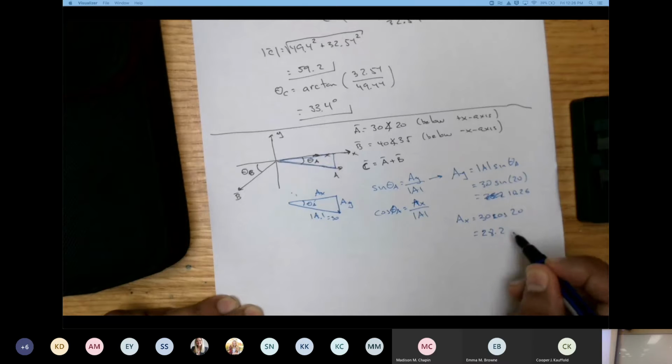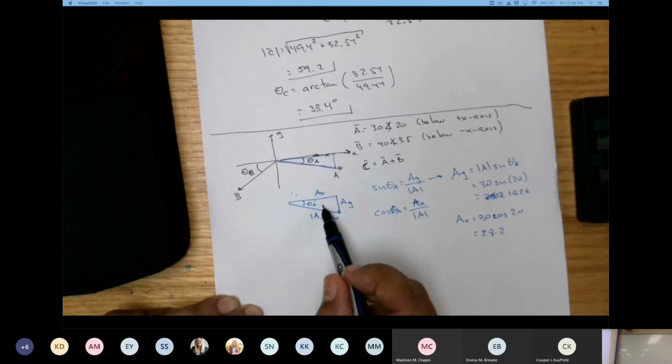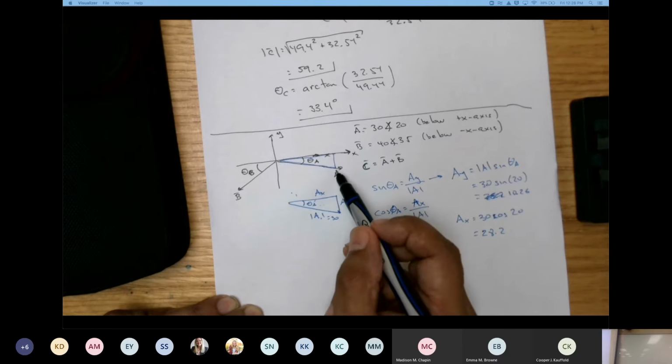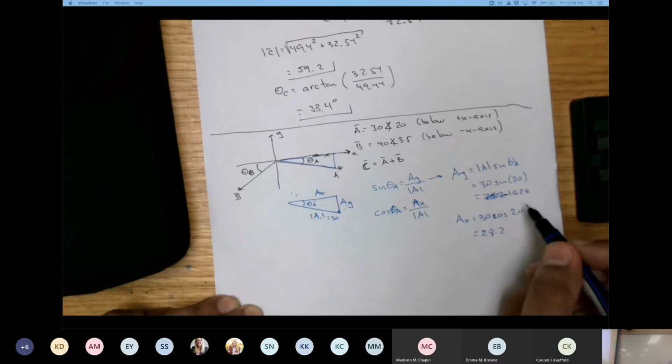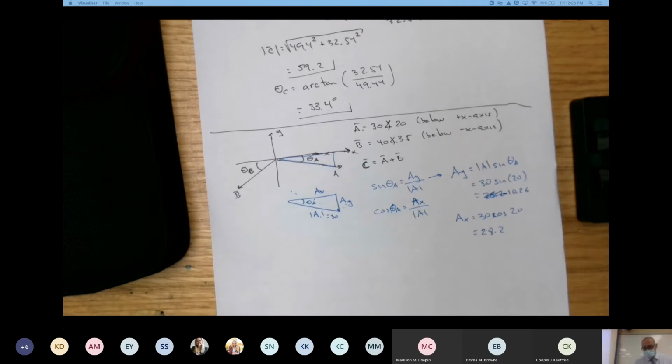Now, the problem here is that the calculator gives me positive values, but because vector A is in the 4th quadrant, the y has to be negative. So this is going to be negative 10.26. Yeah? Morgan, does that make sense?